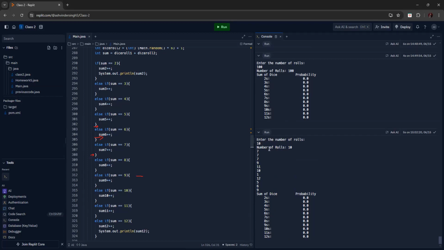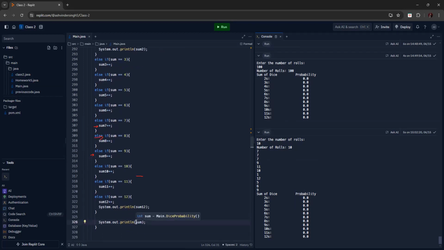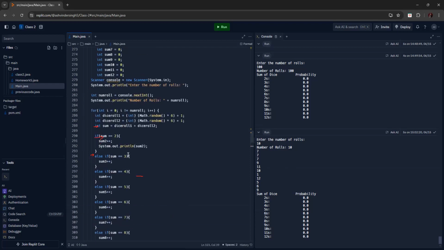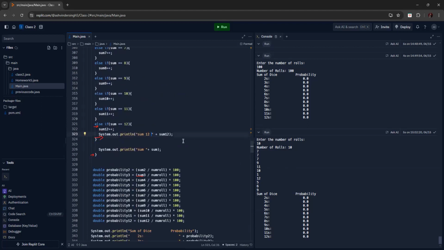Okay, so of course, because we didn't put any text, we don't know which one is which, but at least we see that there are different numbers, and it's not the same. Okay, then run again.